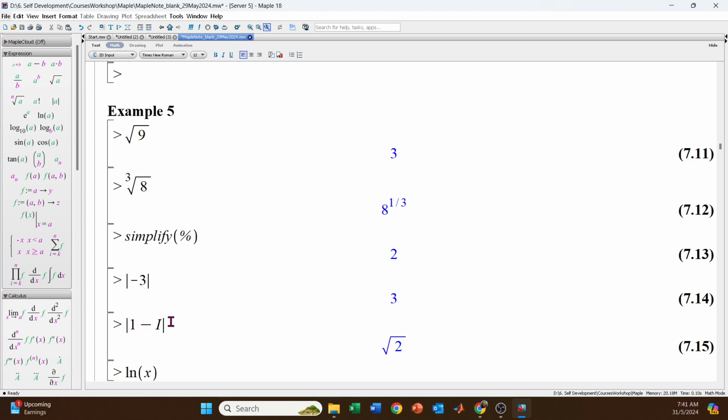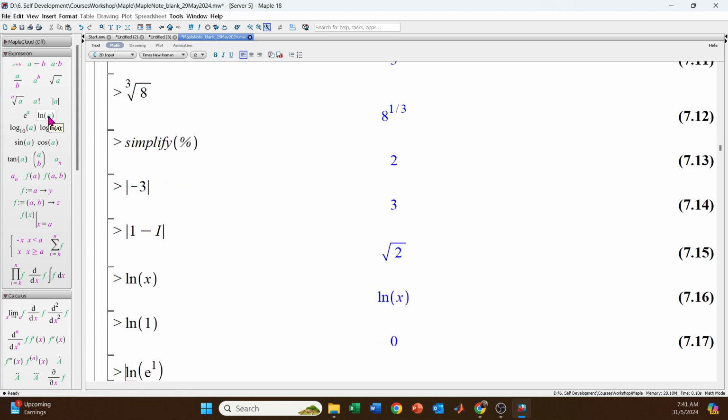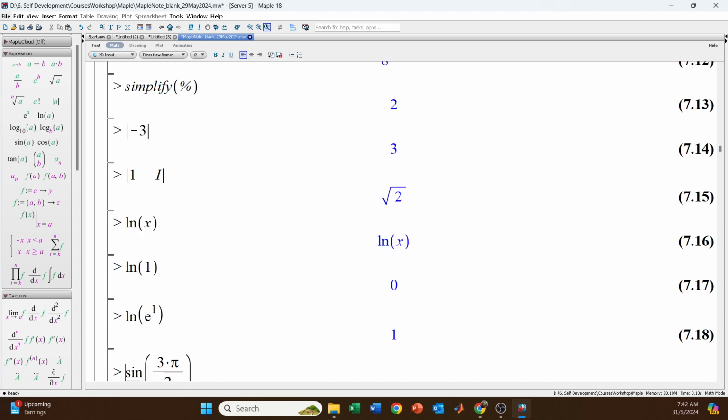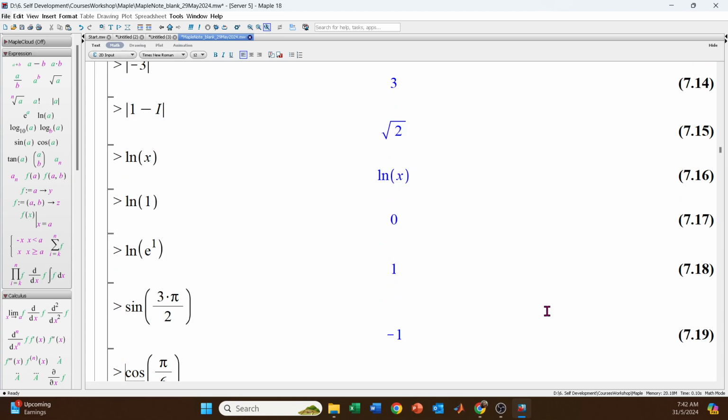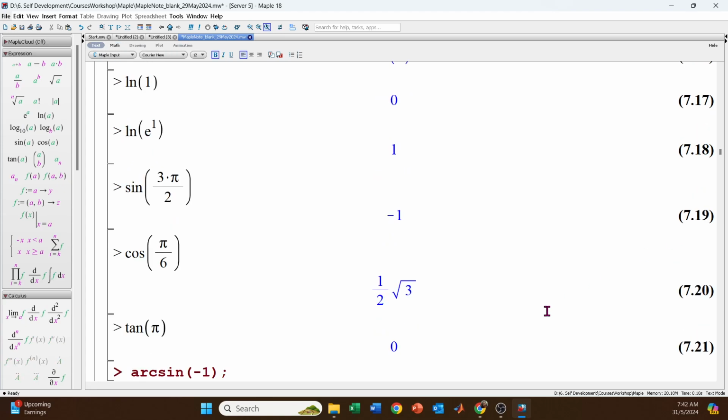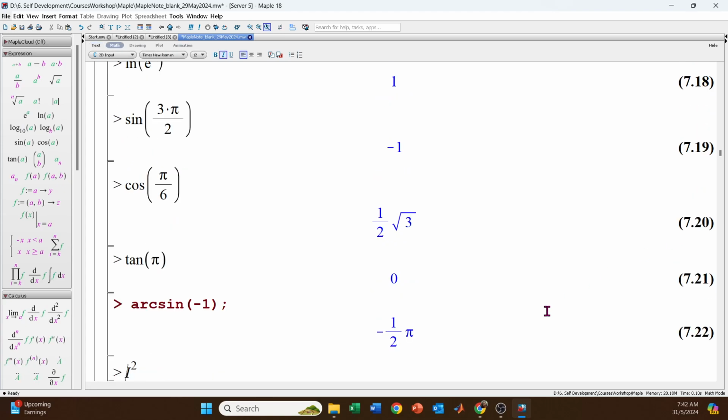So this is to calculate the magnitude of the complex number 1 minus I. Okay, ln, from the ln template here, ln A, ln 1, okay, ln exponent 1, okay, sin 3 pi over 2, okay, add sin.